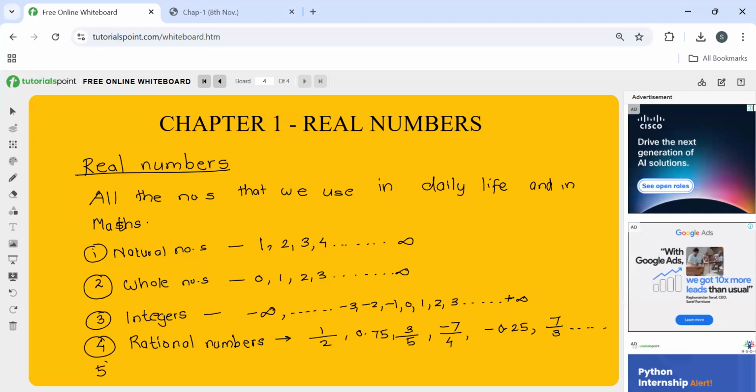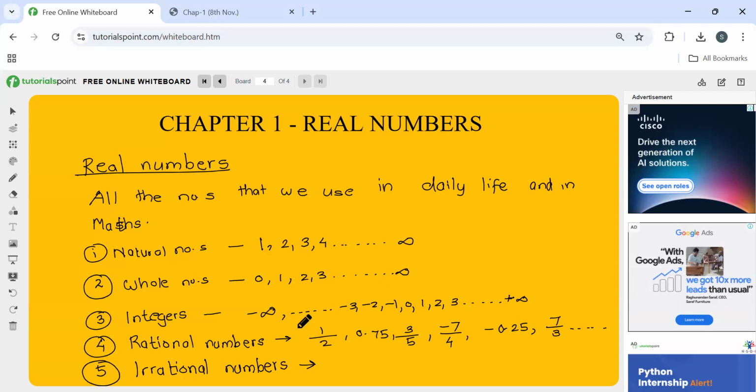And there is also one more set of numbers that you have learnt about: irrational numbers. Irrational numbers are numbers that cannot be written in the form p by q, where p and q are both integers and q is not equal to 0.